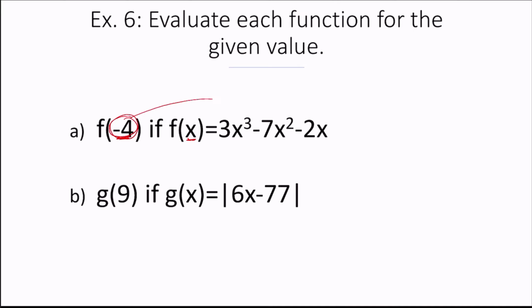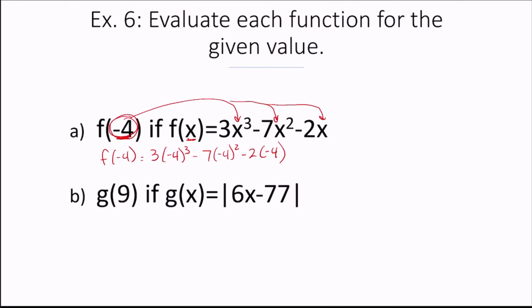We're going to take the negative 4 and plug it in for x. So f of negative 4 is going to be 3 times negative 4 cubed minus 7 times negative 4 squared minus 2 times negative 4.